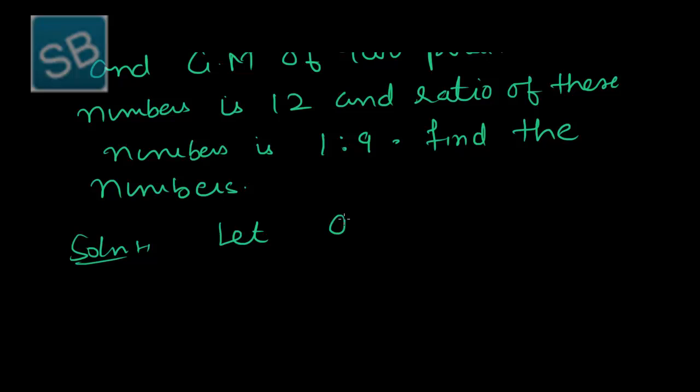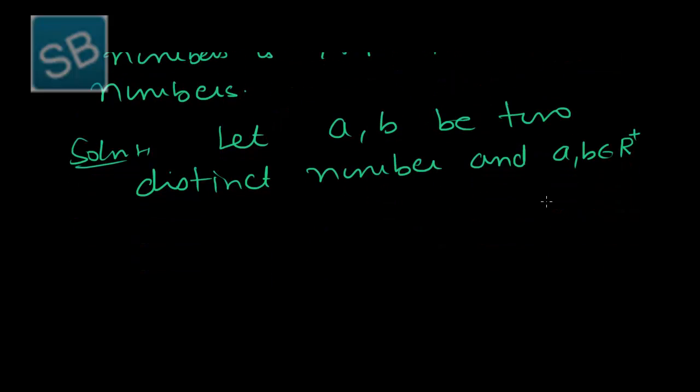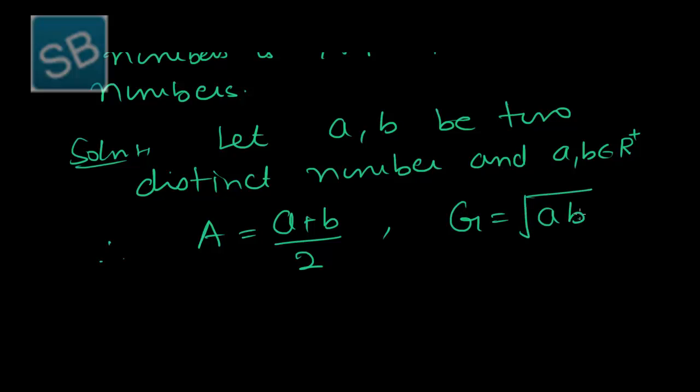Let A and B be two distinct numbers, and A and B belong to R. As A and B are positive numbers, they belong to R positive. Now, A is the arithmetic mean between A and B, so it is given by A plus B over 2, and G is the geometric mean, given by under root AB.